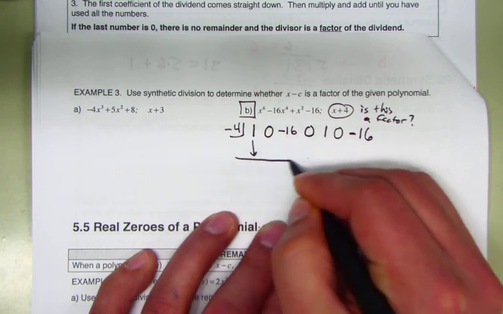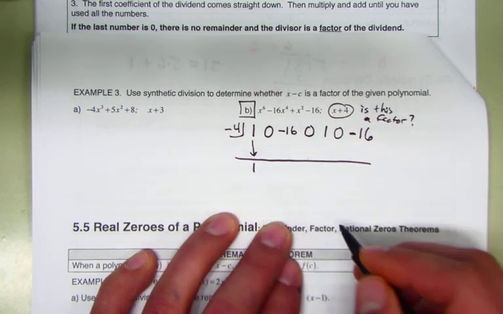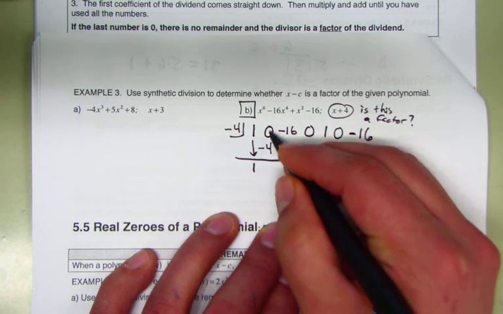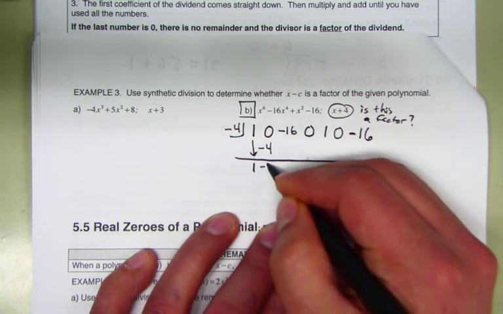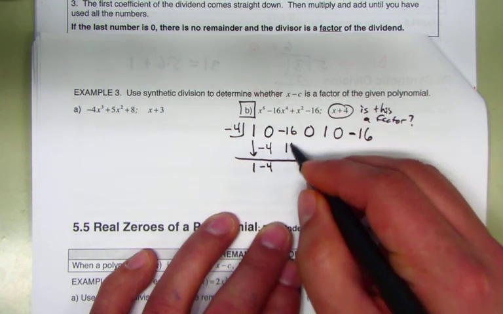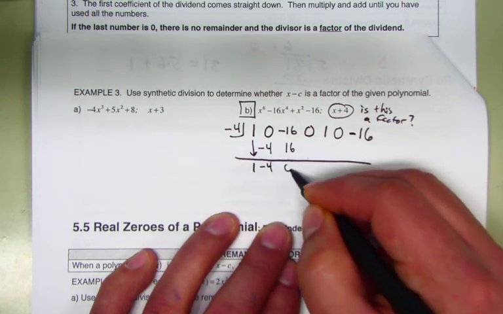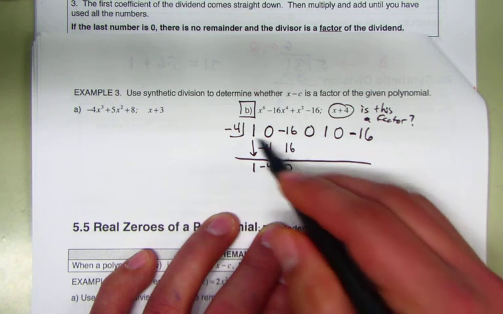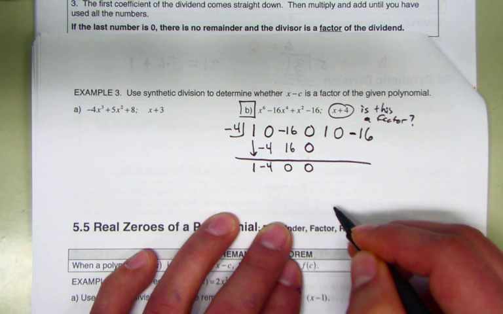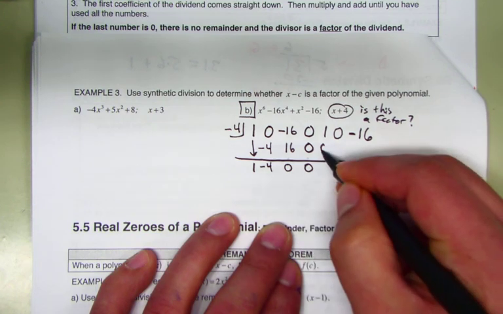Bring down the first number, which is 1. 1 times negative 4, negative 4. And now we add. Multiply negative 4 with negative 4 is positive 16. That adds up to 0. 0 times negative 4 is 0. That also adds up to 0. 0 times negative 4 again is 0.